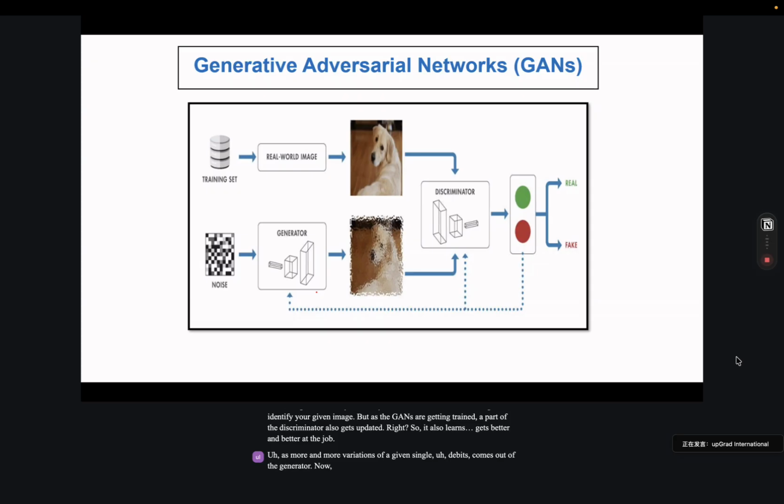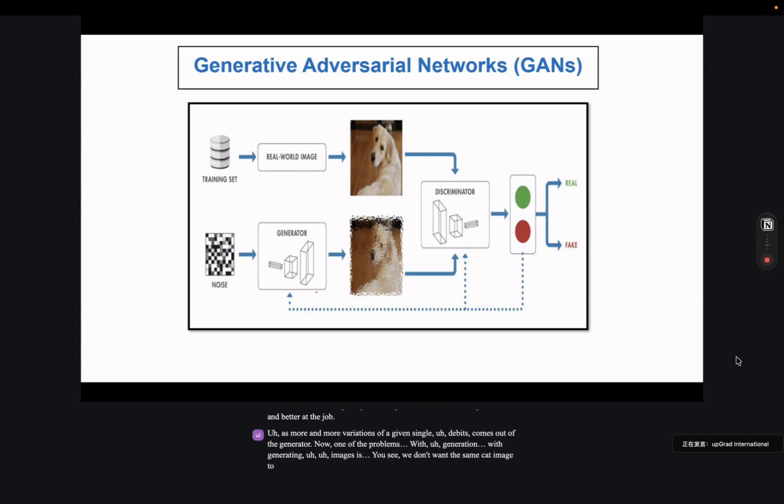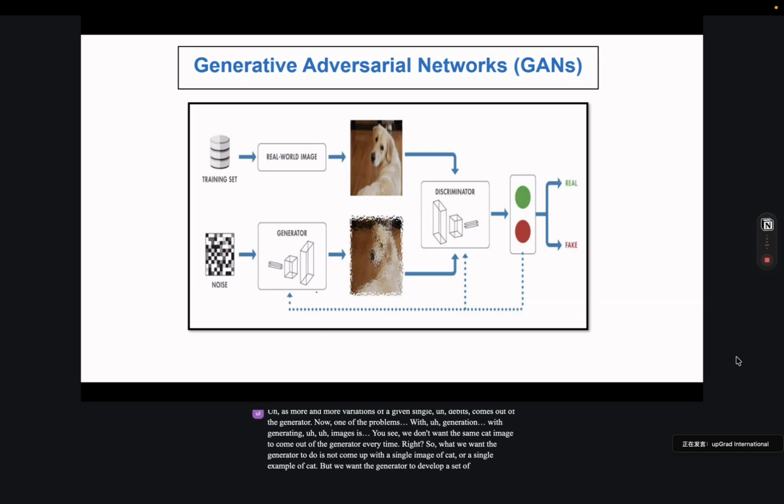Now, one of the problems with generating images is, we don't want the same cat image to come out of the generator every time, right? So what we want the generator to do is not come up with a single example of a cat, but to develop a set of cat features which it will combine in different ways in order to generate the cat.